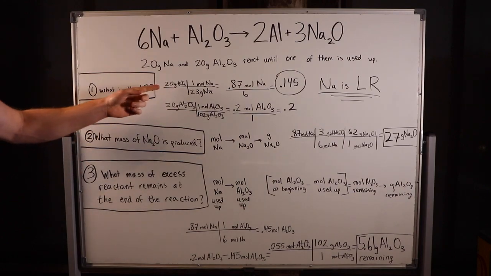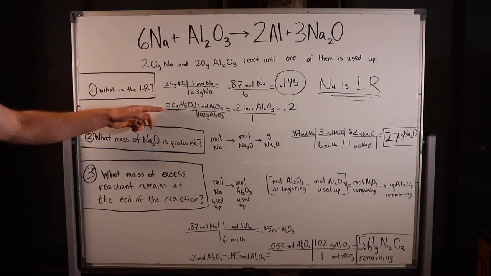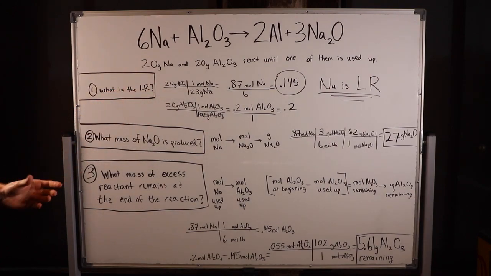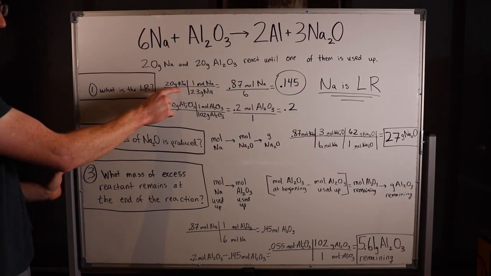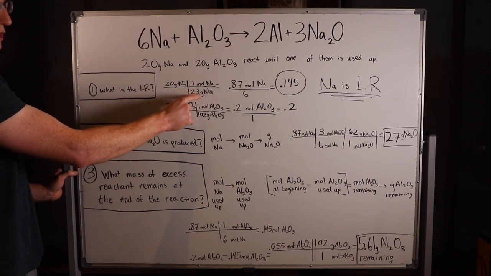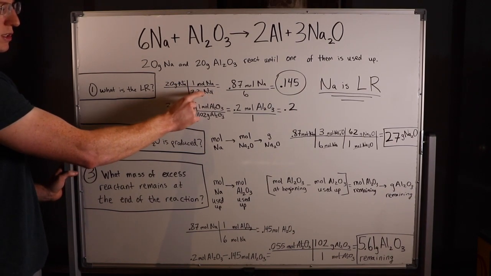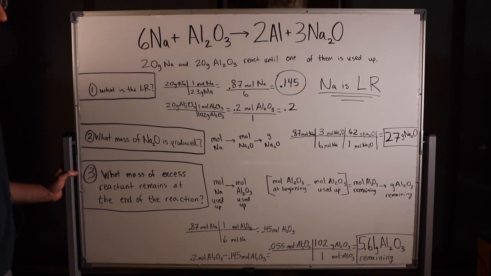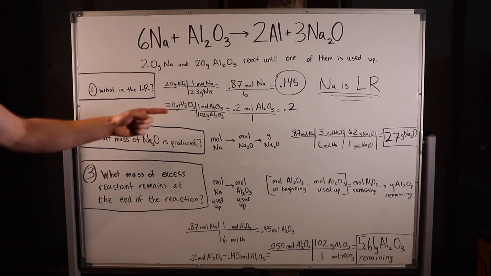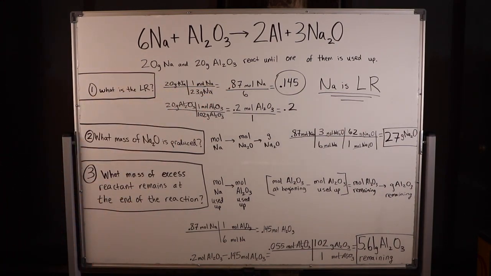So the first step in any limiting reactant problem is to convert to moles from grams if you started in grams. We started with 20 grams of sodium, so we'll change that to moles of sodium. We want to leave the units that we're leaving behind on bottom so they cancel out, and we'll go to moles of sodium, and we know that there are 23 grams per mole of sodium. So that gives us 0.87 moles of sodium.